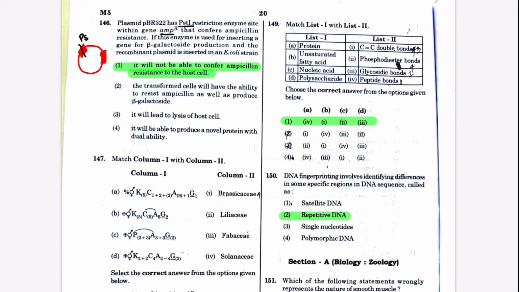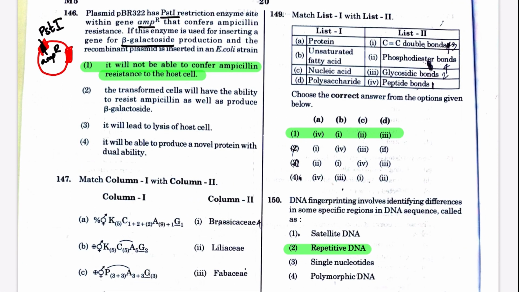If they are inserting a gene for beta-galactosidase here, the ampicillin resistance gene will get inactivated. This process is called insertional inactivation. Even if this plasmid is transformed into E. coli, this E. coli will lose resistance to ampicillin because the gene has been inactivated by the introduction of beta-galactosidase. So look at the first option: it will not be able to confer ampicillin resistance to the host cell because that has been inactivated.